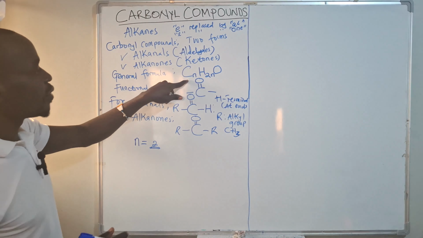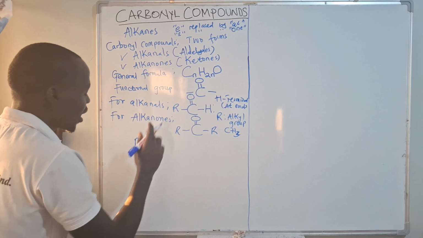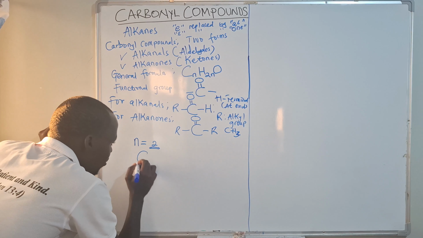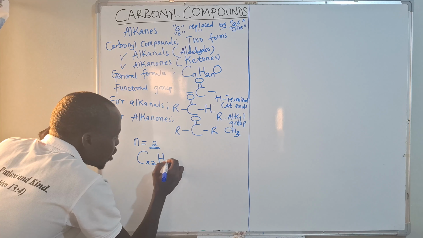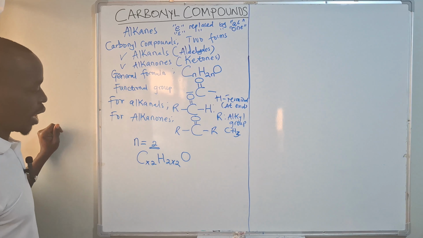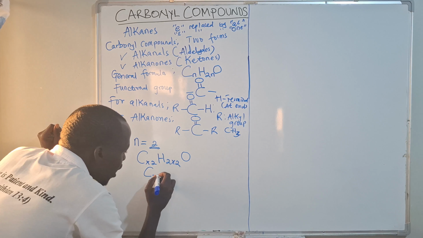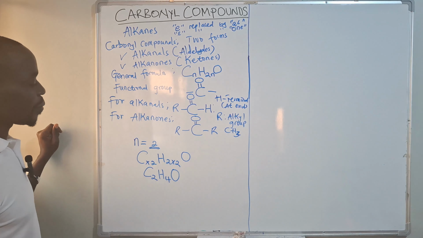The general formula works for all of them. Now, let's say my n is 2. I will use this general formula and say I have C times 2, then hydrogen 2 times 2, so I'll have C2H4O.